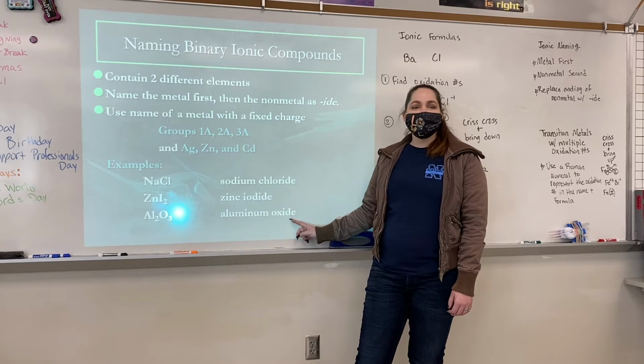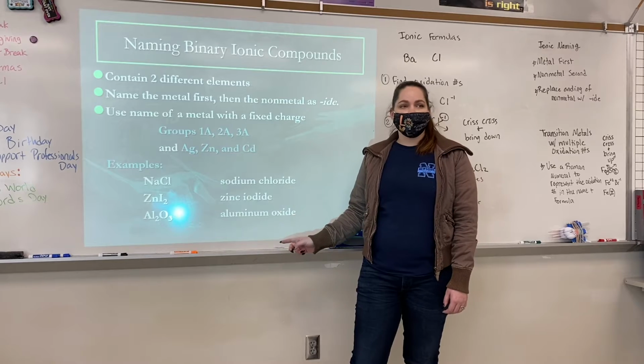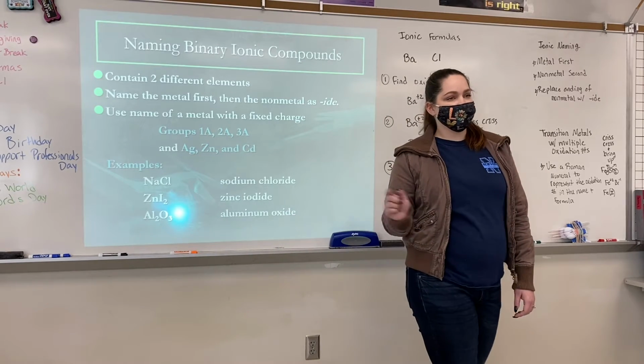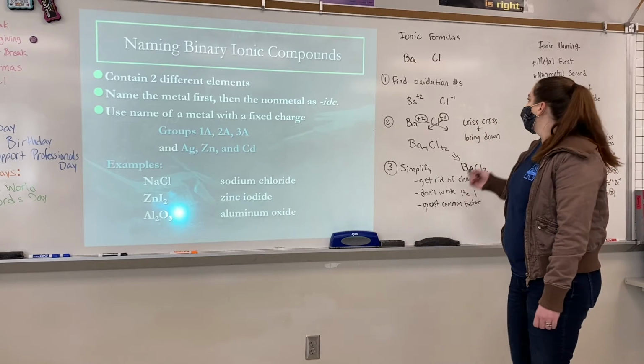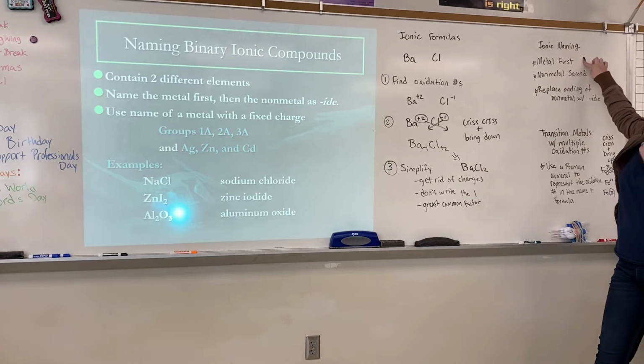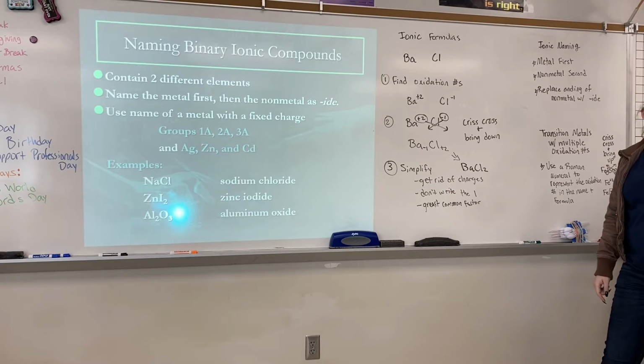You just have to remember that if you have oxygen as your nonmetal, your ending is going to be oxide. So write the name of your metal first, write the name of your nonmetal second, and then write the ending of your nonmetal as IDE.